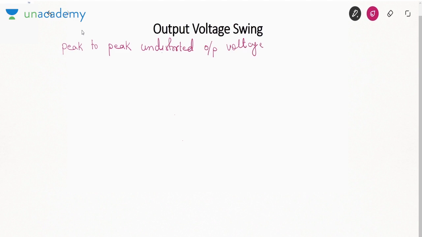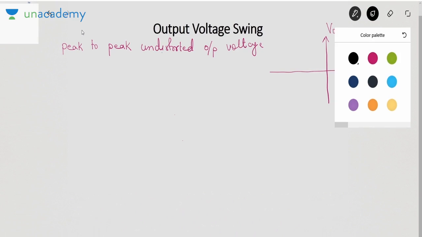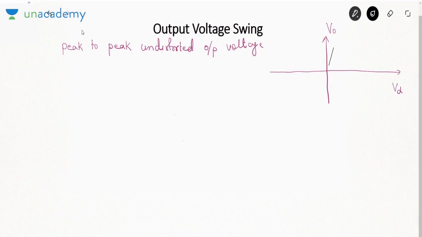Now, as I have told you, in an op-amp, when we draw the transfer characteristics, initially it is linear, but when it reaches the supply voltage, it saturates. So if your output voltage lies between plus Vs and minus Vs, then it will lie in the linear region. Otherwise it will be clipped.